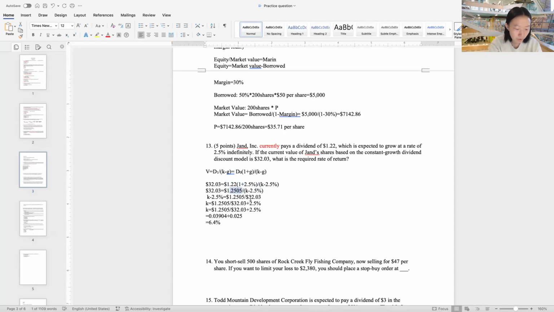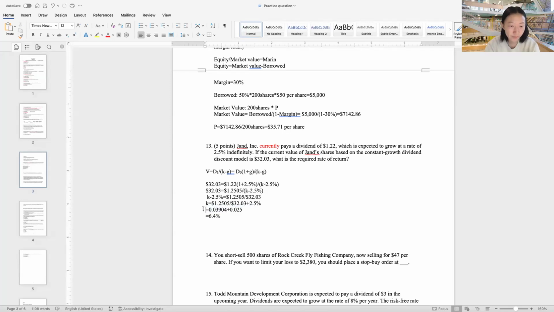And 1.2505 divided by 32.03 equals 0.03904, correct. And then plus 0.025 equals 0.064, and that is 6.4%. Okay, that is correct.